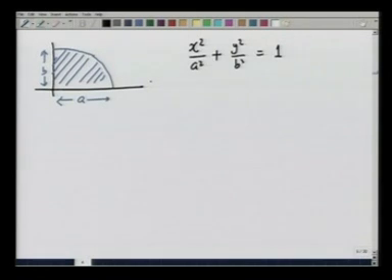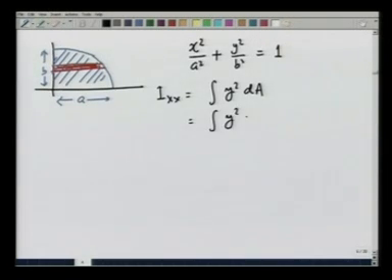To calculate I_xx, which is the integral of y² dA, I choose a strip parallel to the x axis of width dy and write this quantity as y². The length of the strip, let us call it delta x, times dy. My job is to calculate delta x, and y varies from 0 to b.